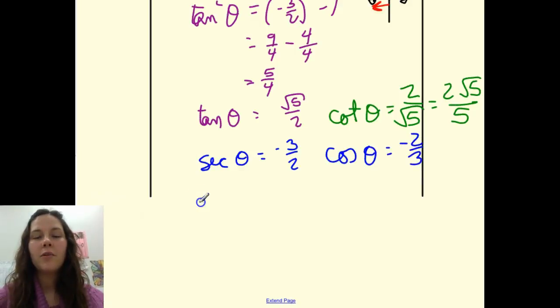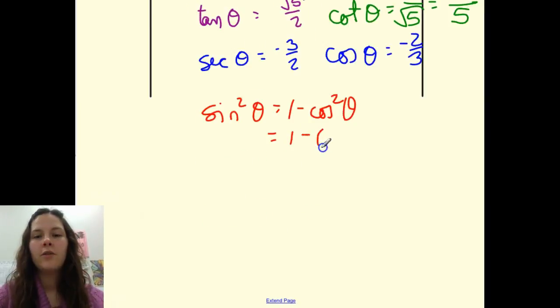And then we can use another Pythagorean identity to solve for sine. Sine squared equals 1 minus cosine squared. So we can substitute in that cosine value, which was -2/3. So we get 1 minus 4/9.